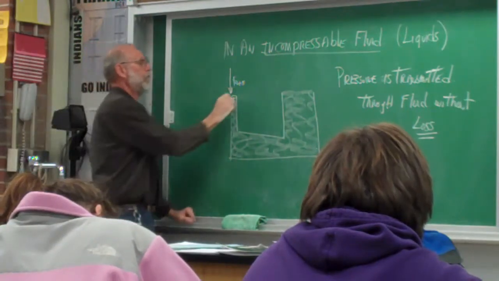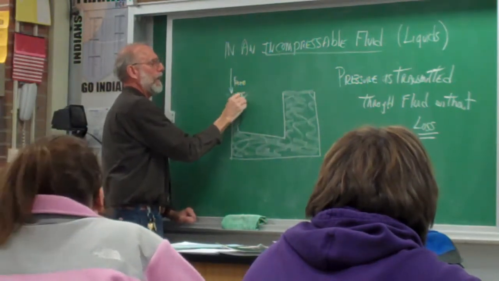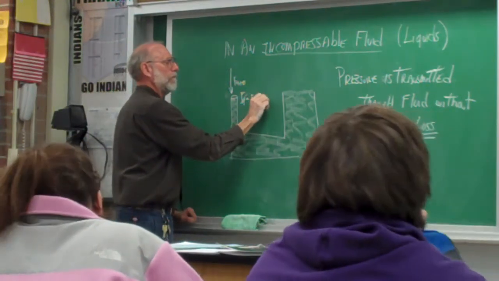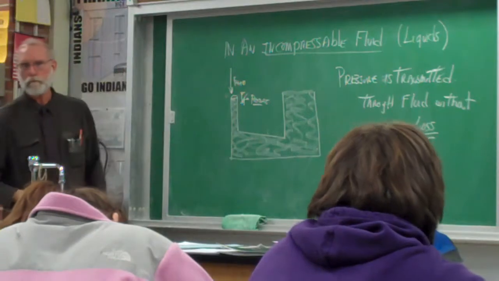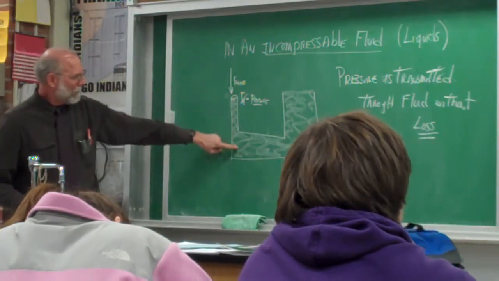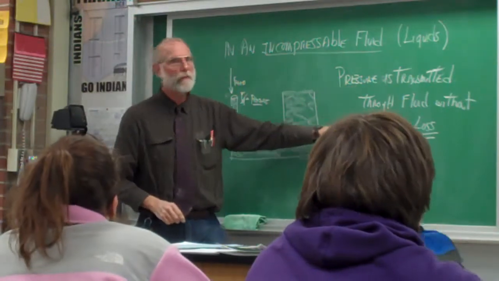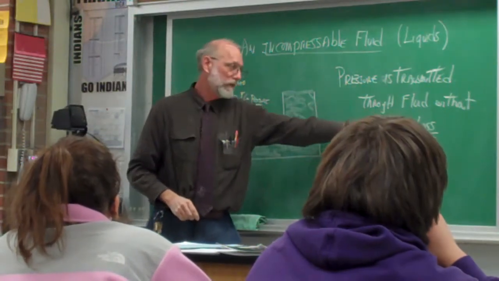So here you've got force over an area, which is a pressure. Just tiny. Now, if this fluid is incompressible, that pressure is transmitted without loss across the entire fluid.